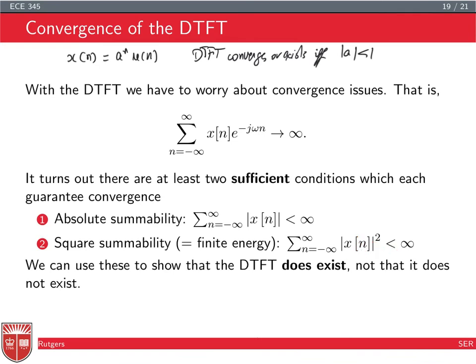If only one of these conditions is satisfied, this means that the DTFT of the signal exists. But the DTFT of the signal may exist without these conditions being satisfied. So they're not necessary conditions. They're just sufficient.